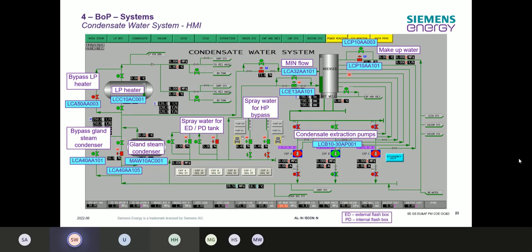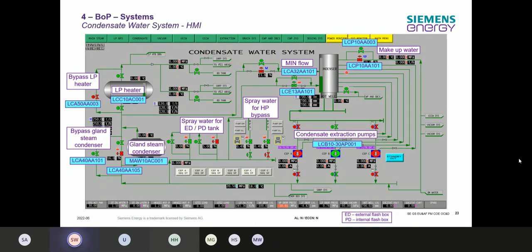And the other way around, when the load is getting down, so the flow in the boiler will be reduced, the condenser level would increase, and then you need to remove water out of the system by the drums or other systems where you can drain water out of the system.